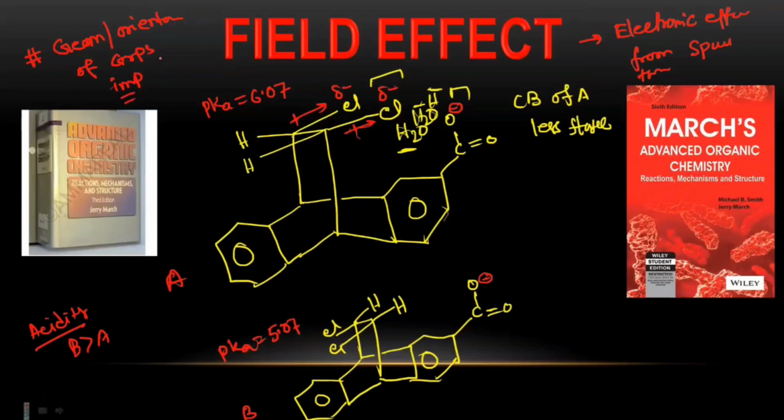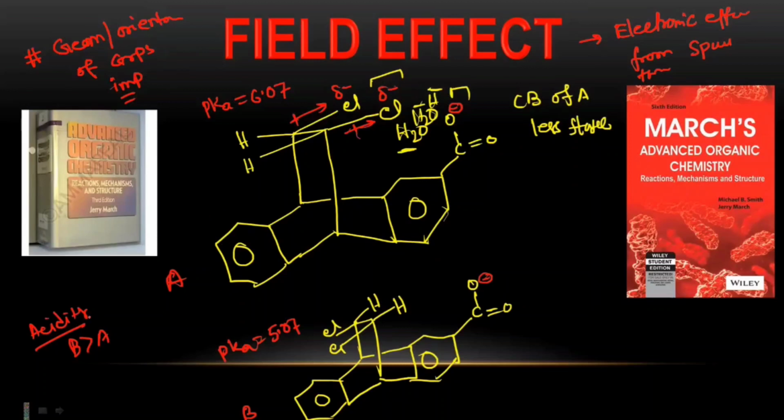But for other electronic effects, for example inductive effect or resonance, you would not see any effect of such kind of geometry. So this is the basic difference from the other electronic effects. That is, it is geometry or orientation dependent, because orientation creates the difference in the distance in the field.